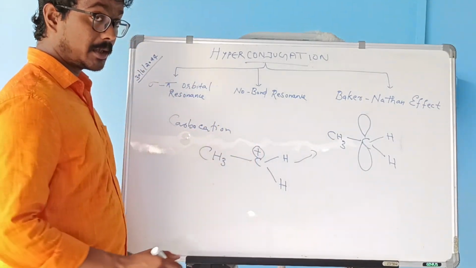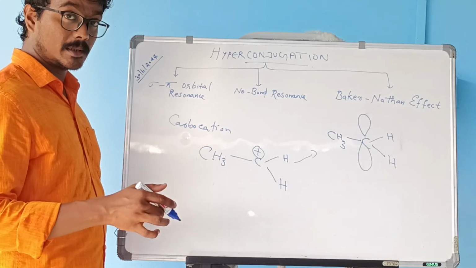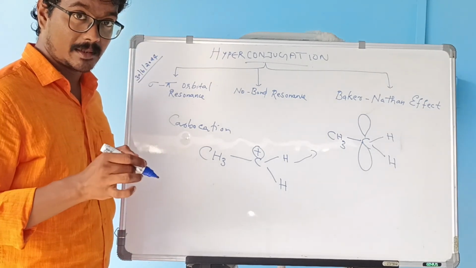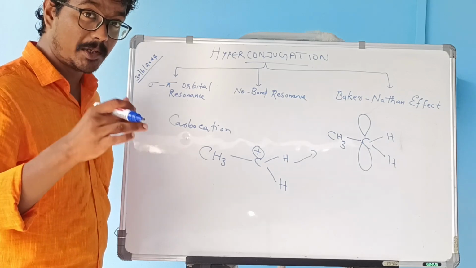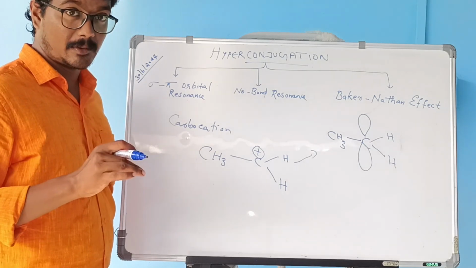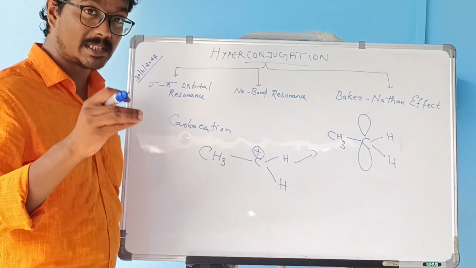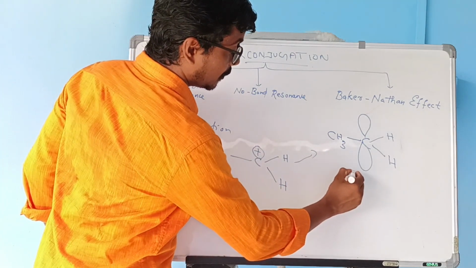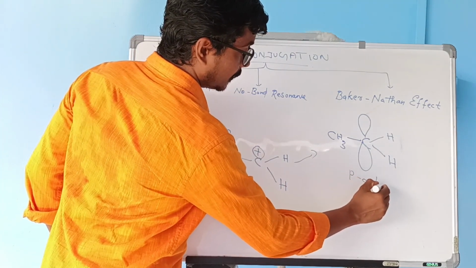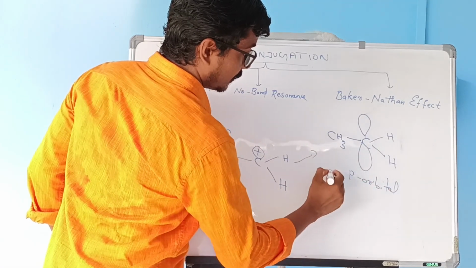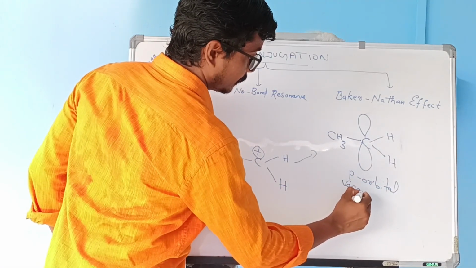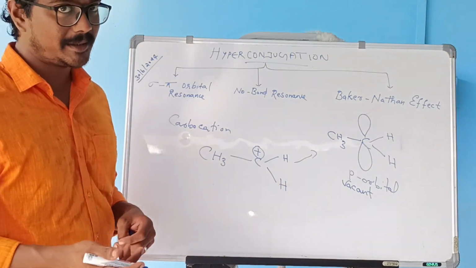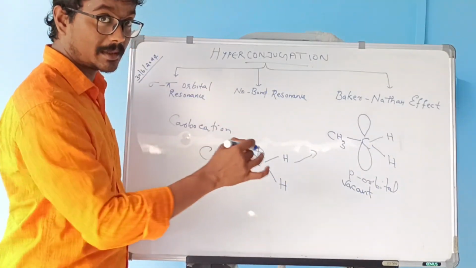So a carbocation is a cation where the carbon carrying the positive charge possesses a vacant p orbital. So this p orbital is vacant. There is a deficiency of electrons. You should remember this.